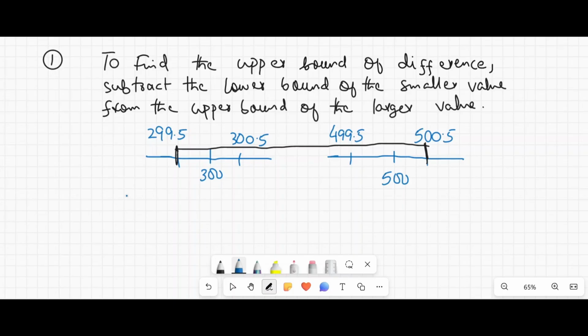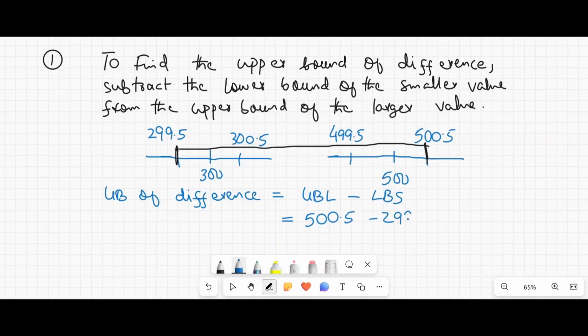I may write in mathematical terms: upper bound of difference is upper bound of the large minus lower bound of the smaller. So the upper bound of the large is 500.5, minus the lower bound of the smaller, 299.5.